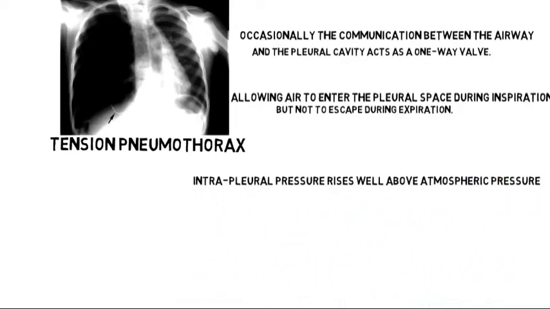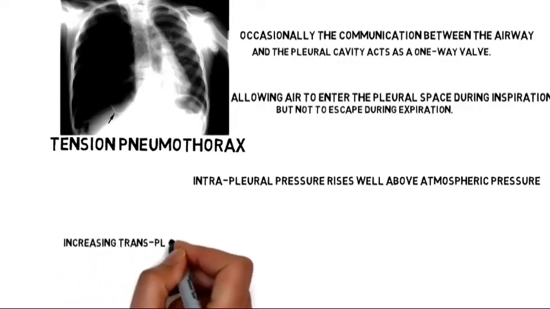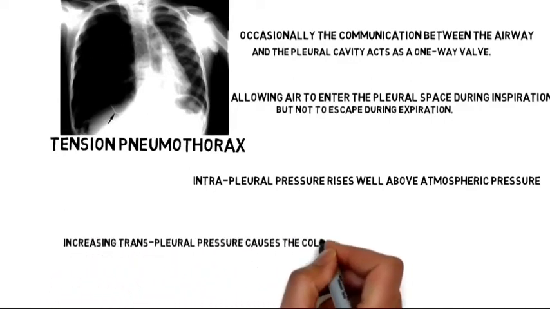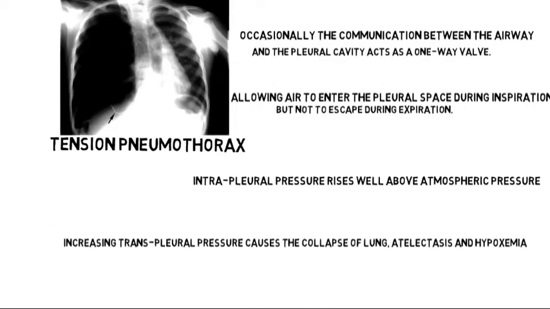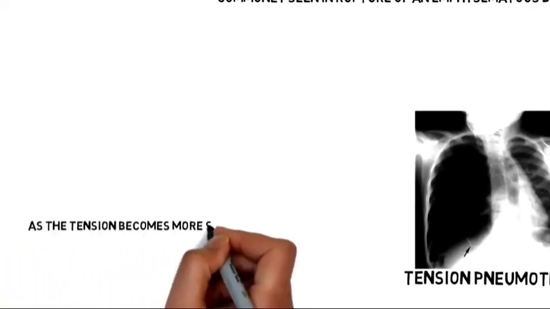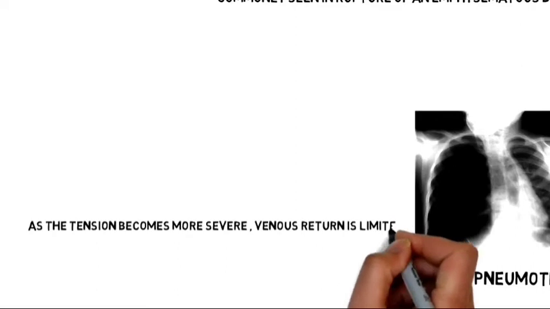Intrapleural pressure rises well above atmospheric pressure. Raised intrapleural pressure causes collapse of the lung, atelectasis, and hypoxemia. So, the patient presents with severe respiratory distress and reduced oxygen saturation.